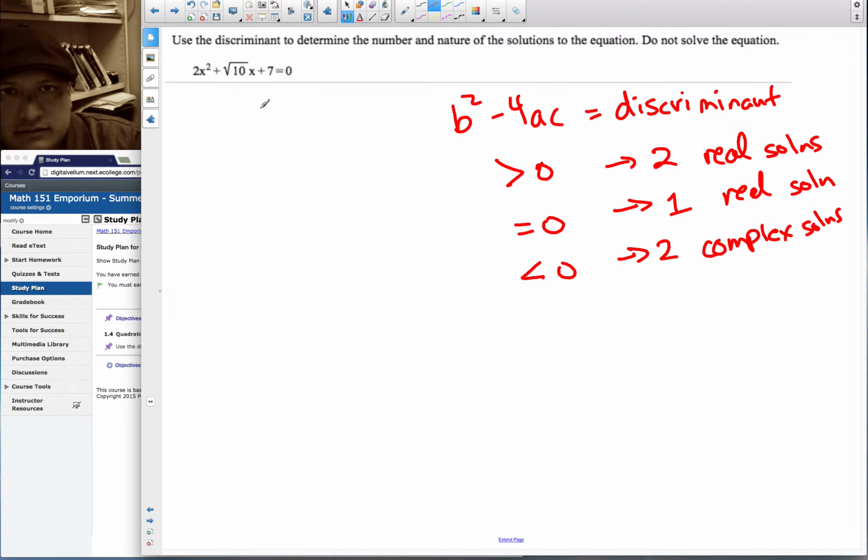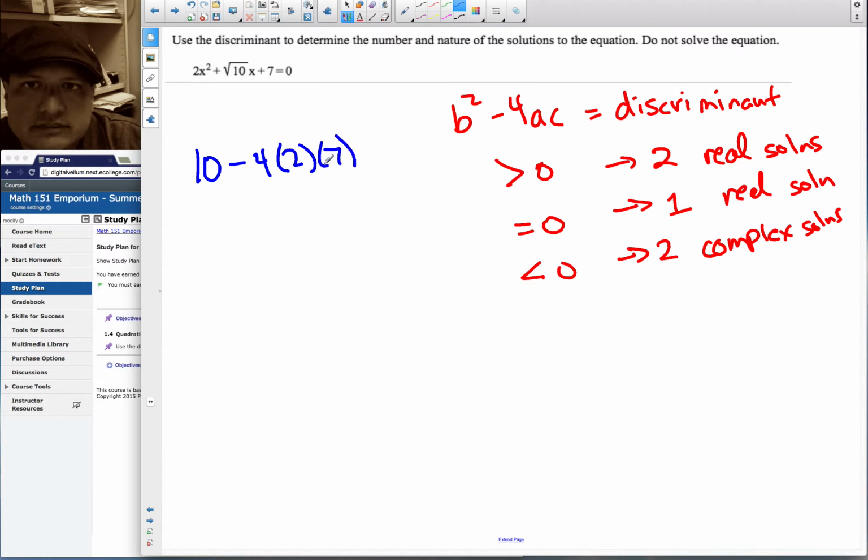So here, b squared minus 4ac. So b squared is going to be radical 10 squared is 10 minus 4 times 2 times 7. This is 10 minus 8, 56. Now all you really care is whether it's greater than or less than 0. So this is clearly going to be less than 0.